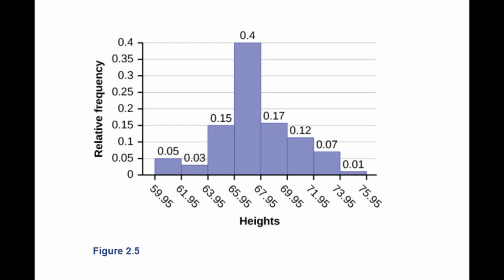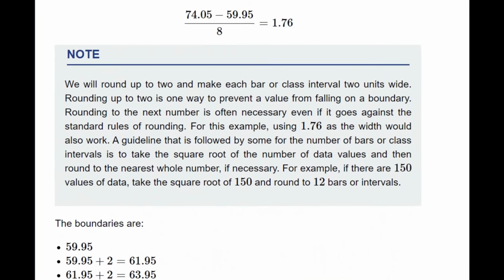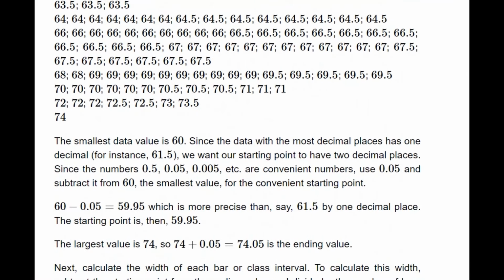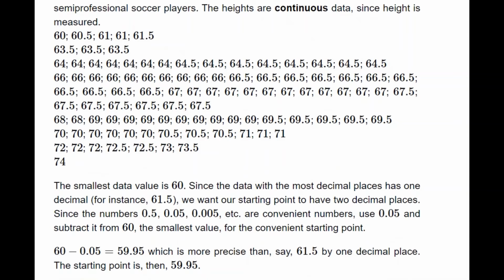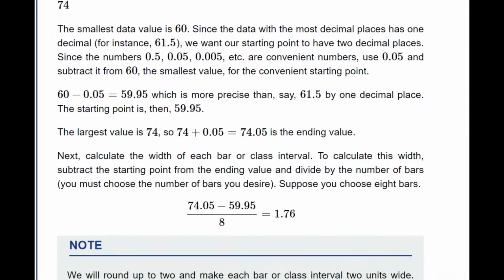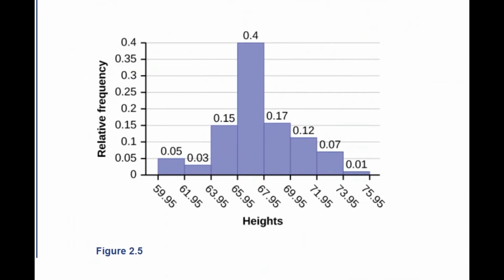The second interval, 61.95 to 63.95, consists of 3 elements, 63.5 occurring 3 times. So the relative frequency of this interval would be 0.03, which is 3 out of 100.